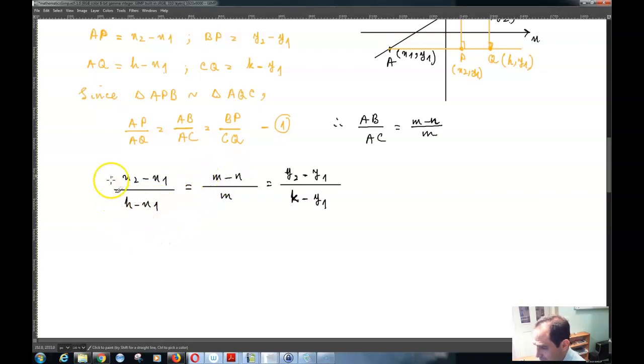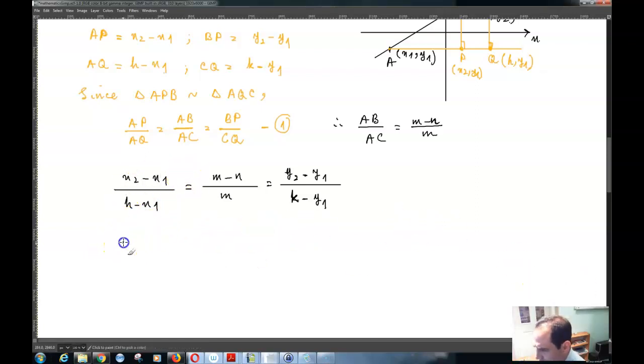Okay, if you cross multiply here, you will get H times M minus N times H. Let me write this again, I got confused here.